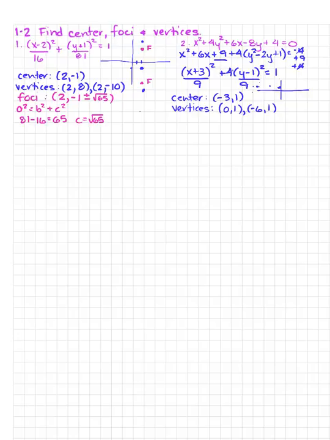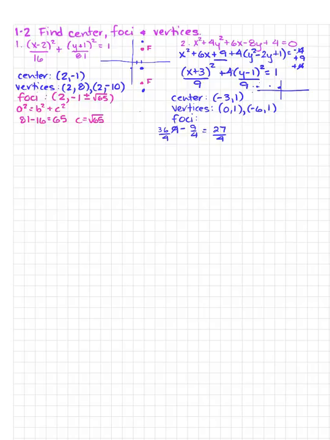And then my foci, once again, we have to solve for our c value. So we're going to have 9 minus, this is 9/4, so 3/2 squared, 9 minus 9/4. This is like 36/4 minus 9/4. So that is going to equal 27/4.